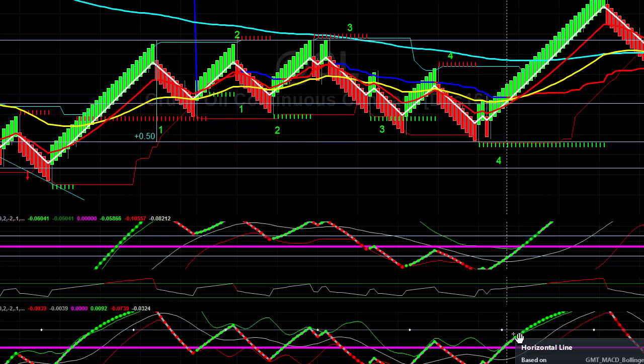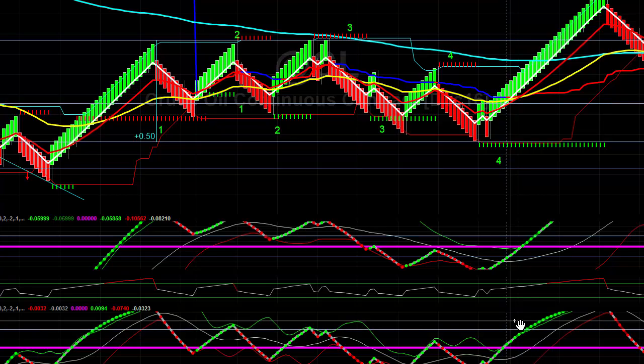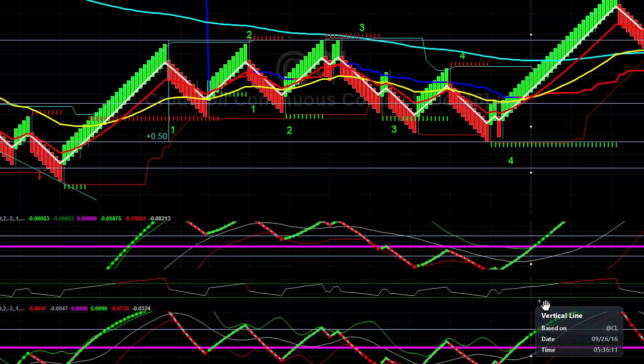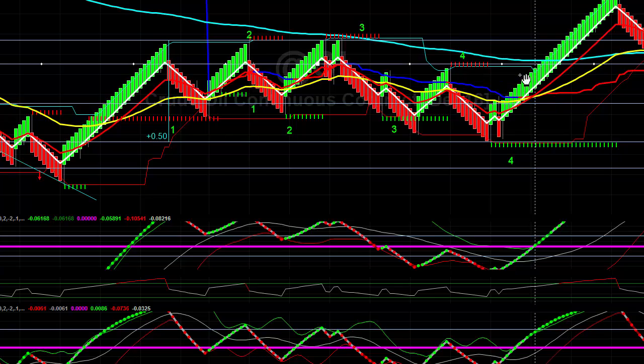We've got our move outside of our Bollinger Bands, and it comes at around 536, but that's not our entry. That's the trigger for our entry. Our entry is that we actually have to close above the previous swing high.